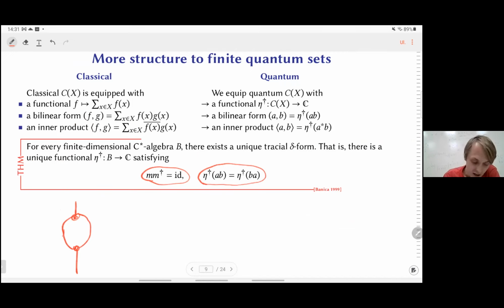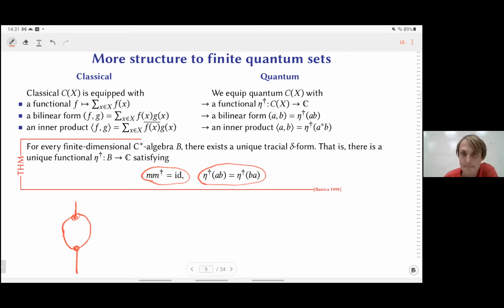And it actually holds that for every finite dimensional C-star algebra, there exists a unique functional that satisfies those two conditions. So we don't have to make any choice here. We have a canonical form satisfying those two conditions, which we can take here.